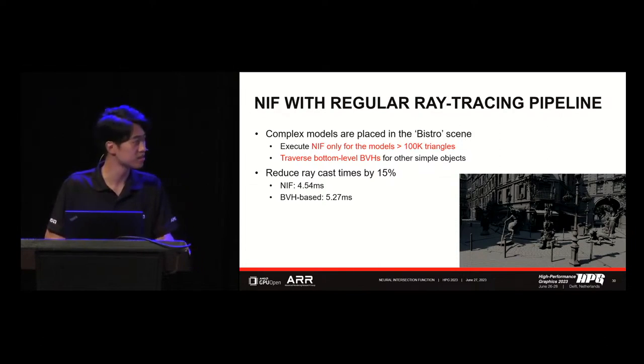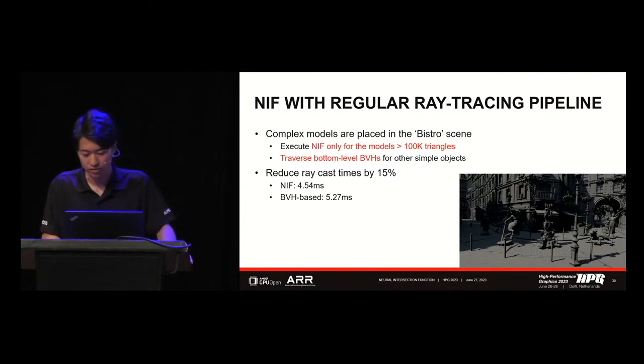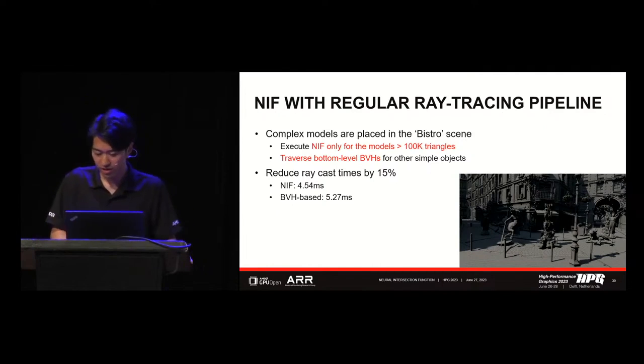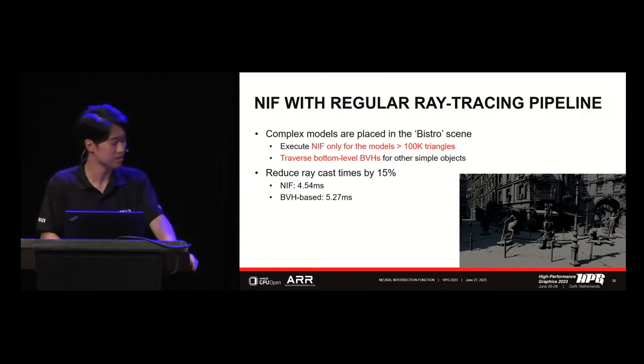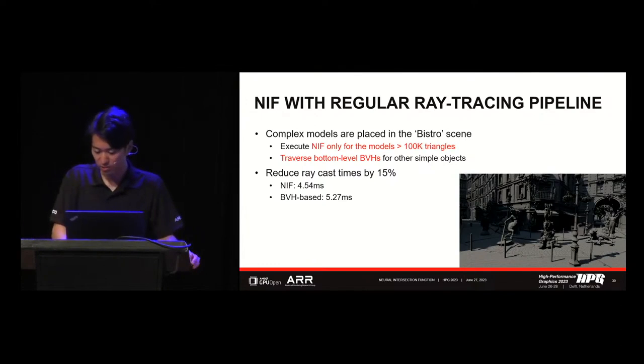So in this test, we execute NIF only for the models which have more than 100,000 triangles, and for other simpler models, we just traverse the bottom level BVHs as usual. Even in this case, NIF reduced the secondary raycasting time by about 15% while preserving the image quality.